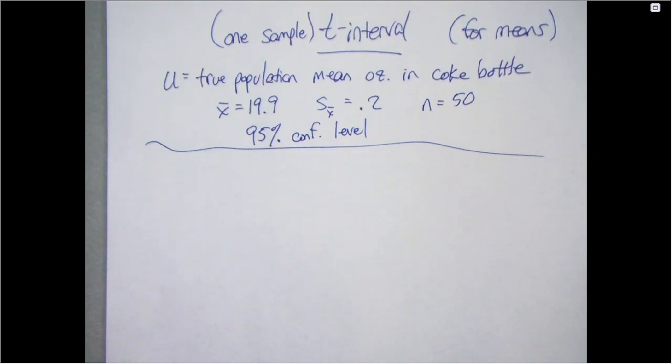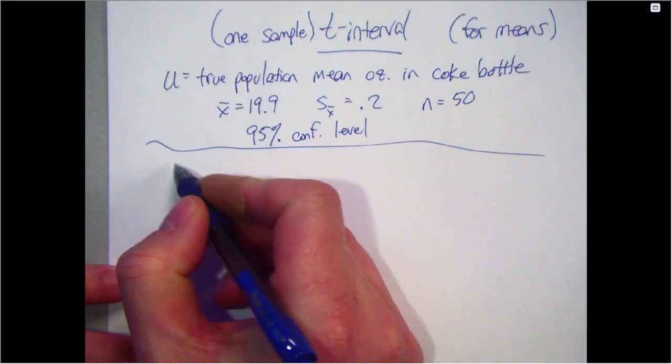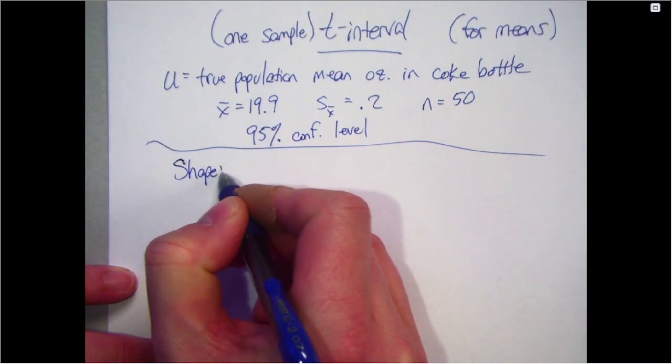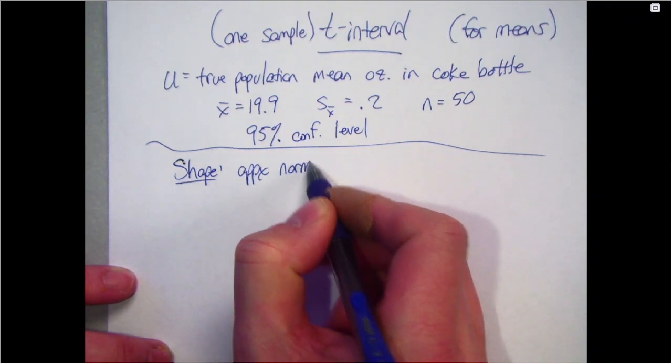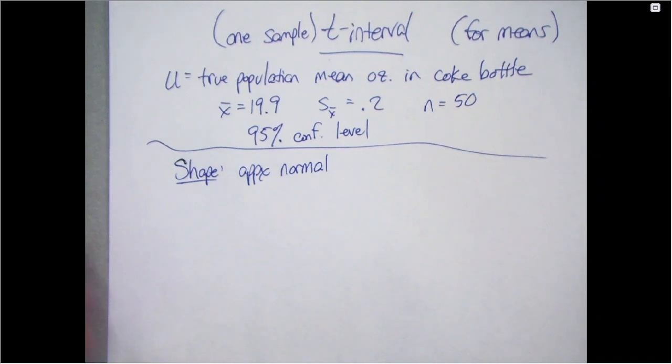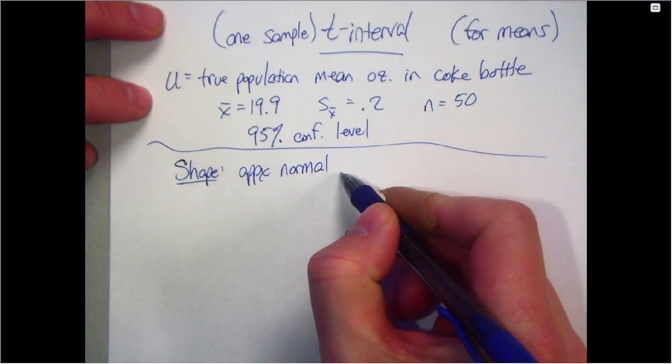And then we do our conditions, so shape, center, spread. Approximately normal, why? n is greater than or equal to 30.